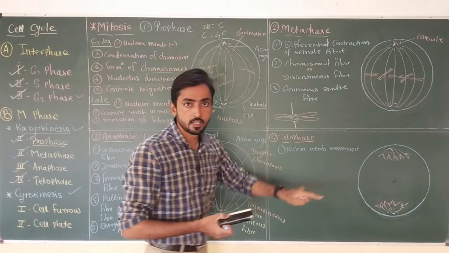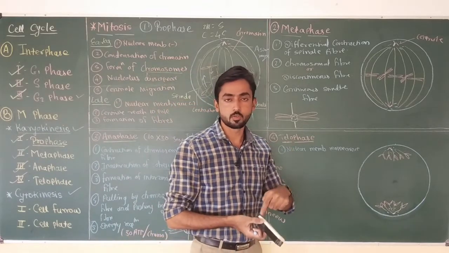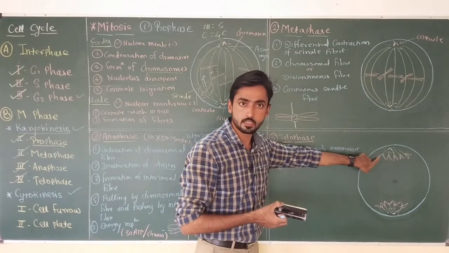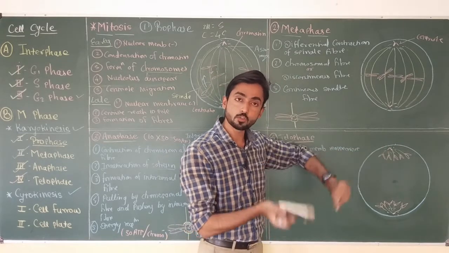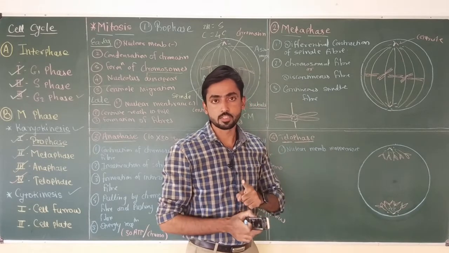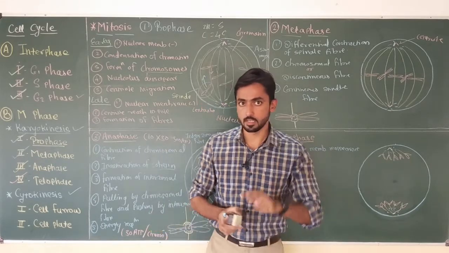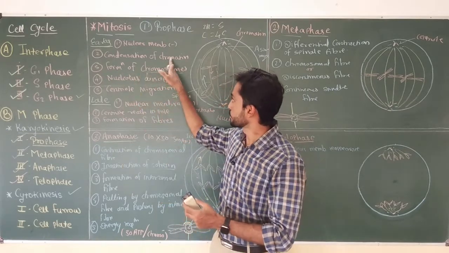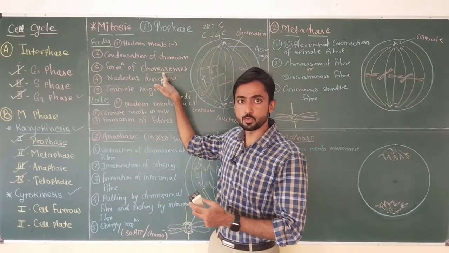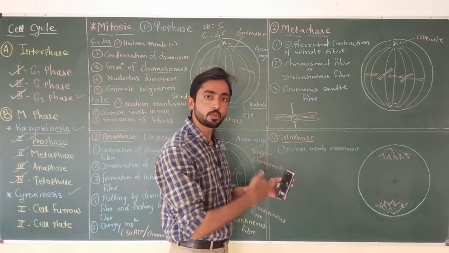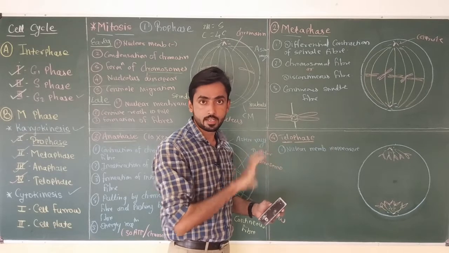But in this case, due to recondensation, water molecules come into the picture, and the chromosome gets converted into a thin, long, thread-like structure called chromatin. This is another important reverse process which occurs in telophase. In prophase, chromatin is converted into chromosome due to condensation, while in telophase, chromosome is converted into chromatin due to recondensation.